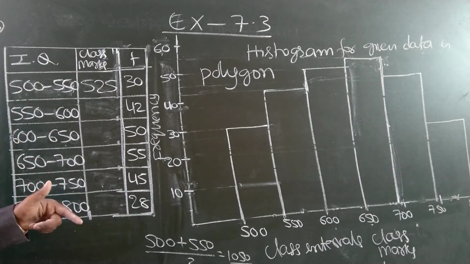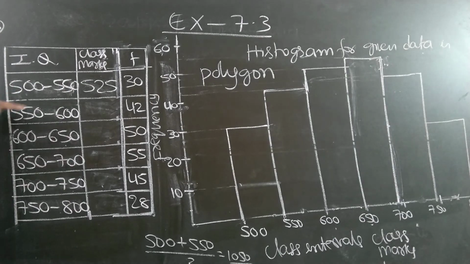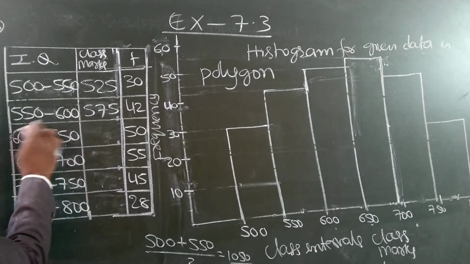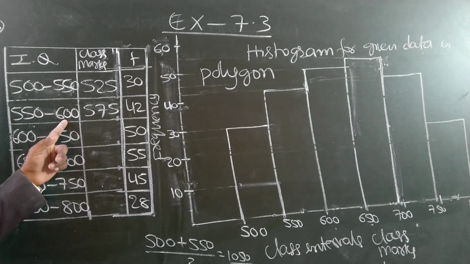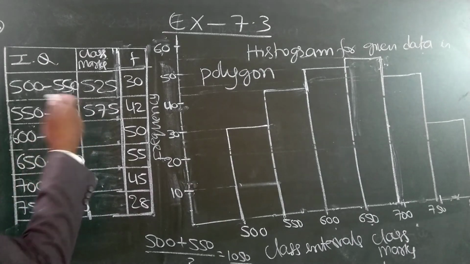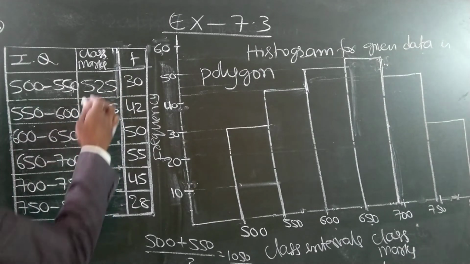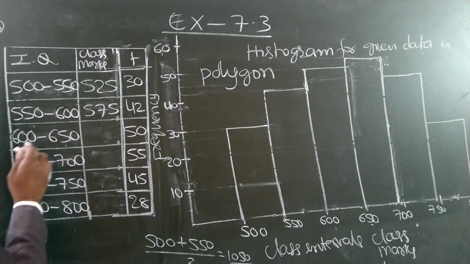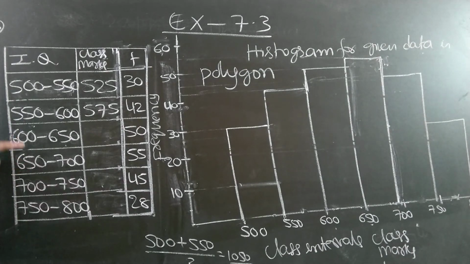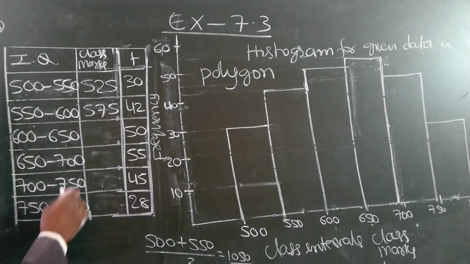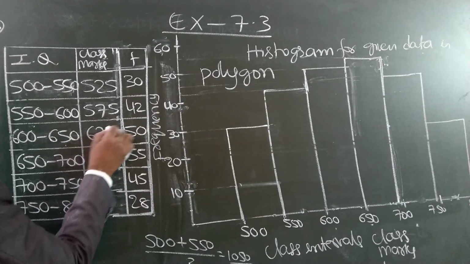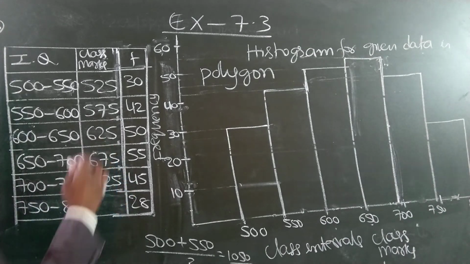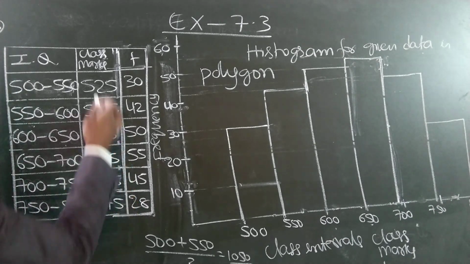Then 550 plus 600 by 2 is 575. The difference is 50, so if you add 50, you will get the next mid values. 600 plus 650 by 2 is 625, because the difference is 50. 625 means 675, 675 means 725, 725 means 775. These are the class marks. So this is the frequency.